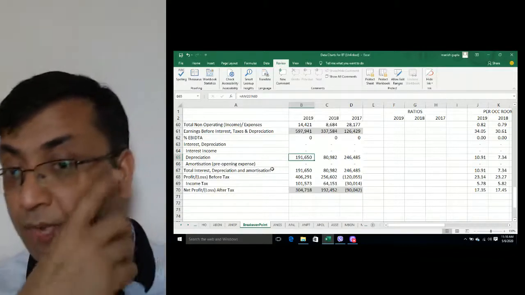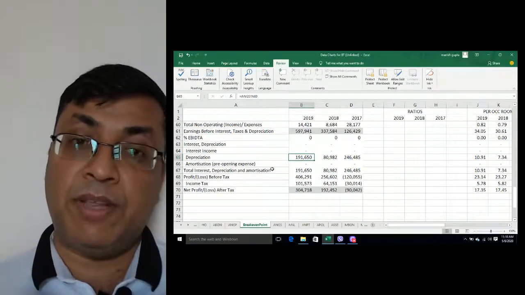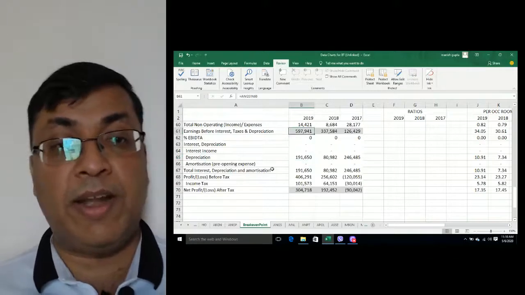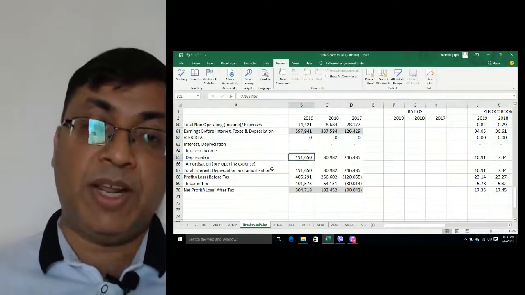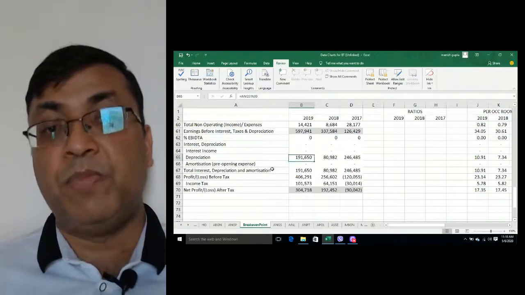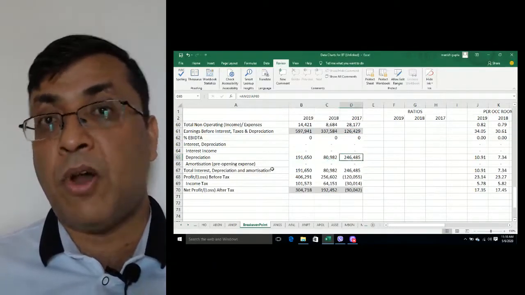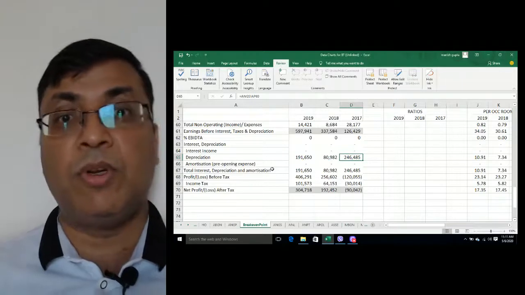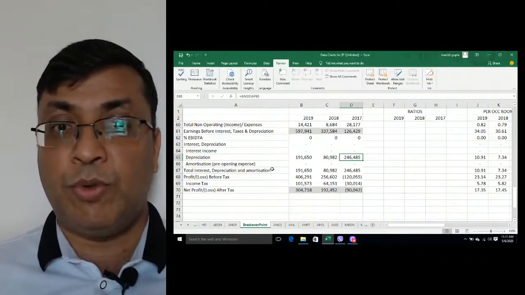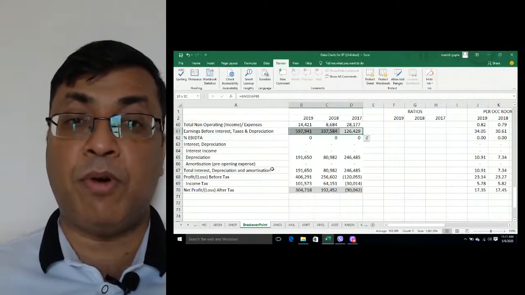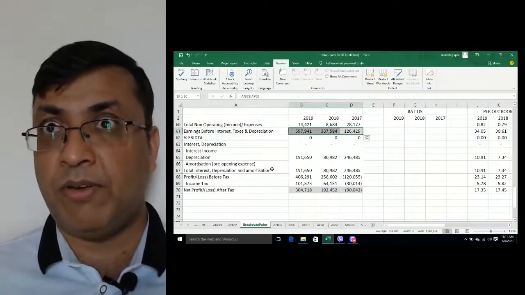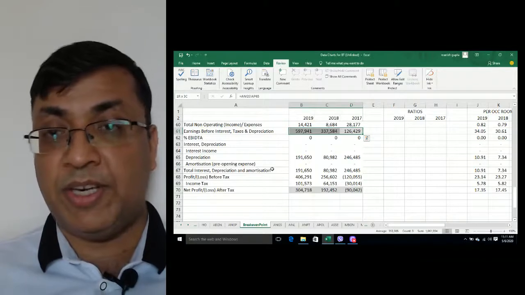So the first thing we need to see is what break-even point we want to take. Do we want to take earnings before interest, taxes, and depreciation, or do we want to take it after the depreciation? Depreciation is a non-cash expense, so you may want to calculate the break-even point before depreciation and taxes.